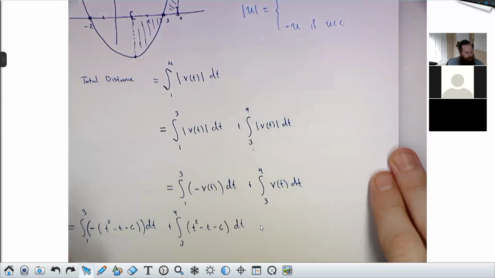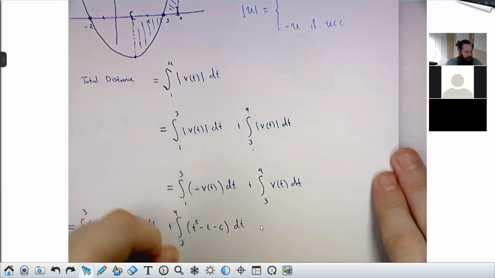This negative can come outside the integral. And this guy is just chilling.